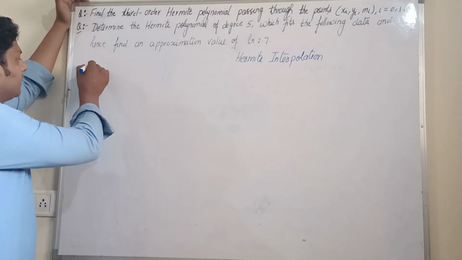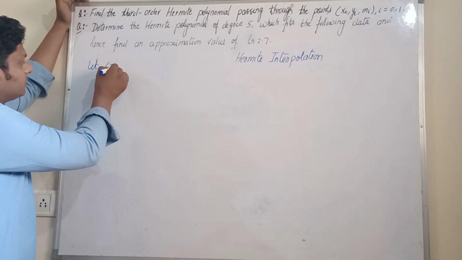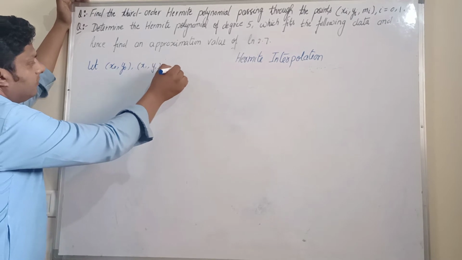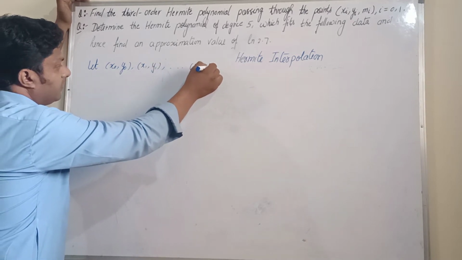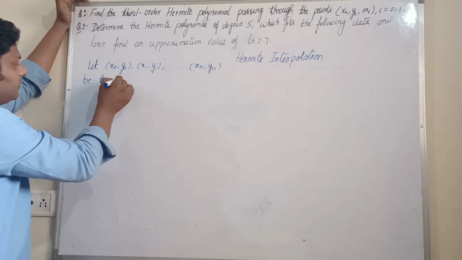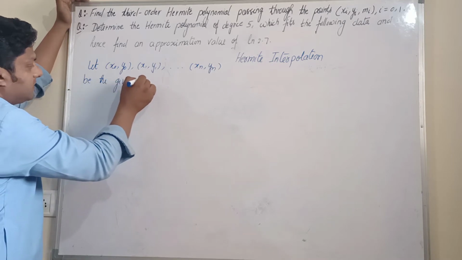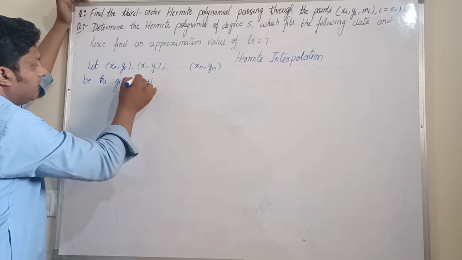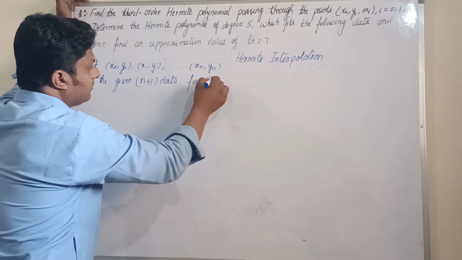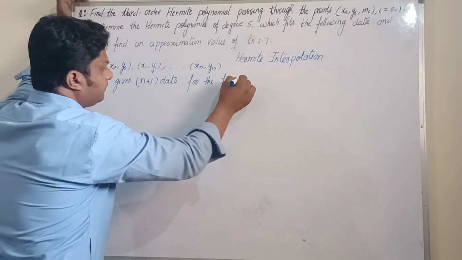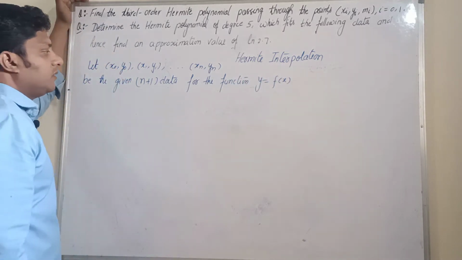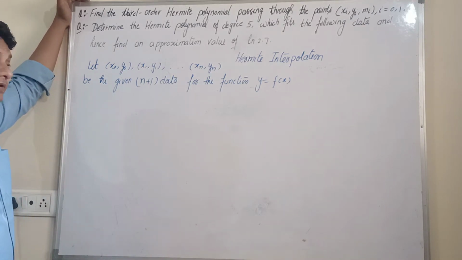What is the formula? Let (x0, y0), (x1, y1), ..., (xn, yn) be the given n plus 1 data for the function y equals f of x, which is continuous and has a continuous first derivative.